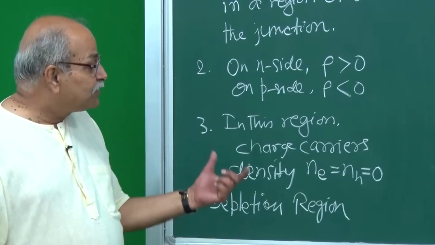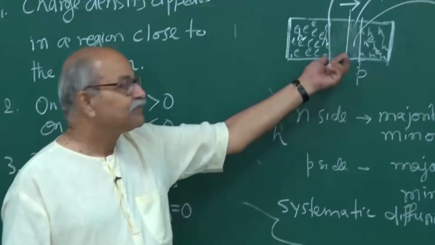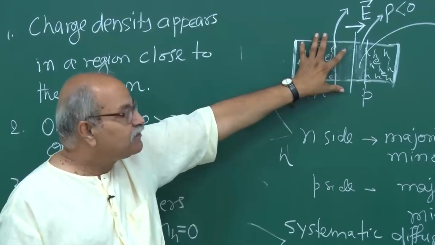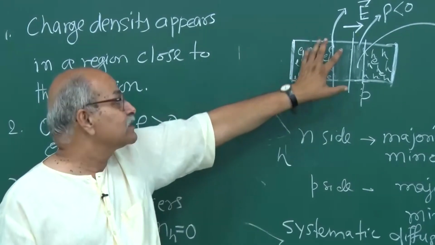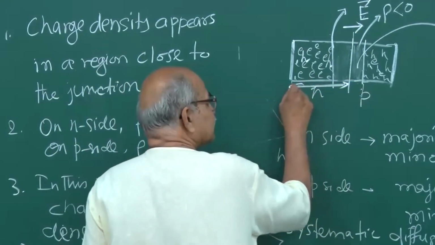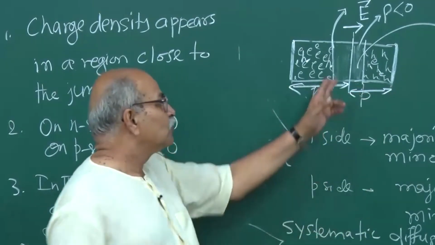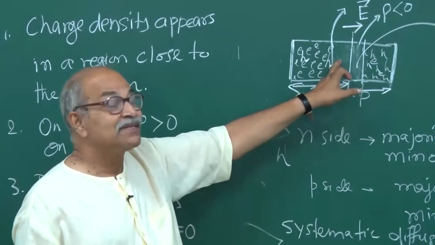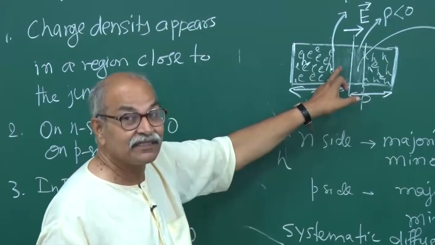Now, what is the width of the depletion region? How much will this width be? That depends on the concentration of the dopants. Remember, the dopants are there. This is N type up to here, from here to here, and P type from here to here. So, although there are no charge carriers, this is still N type material. We have diffused those pentavalent impurities here.